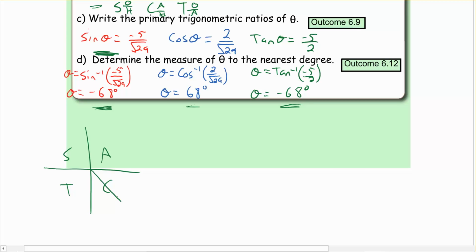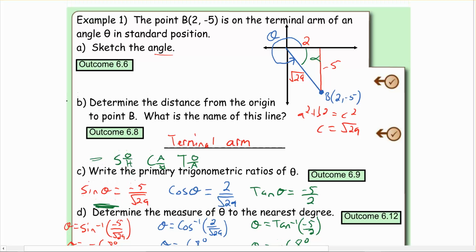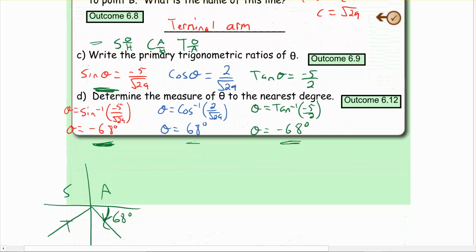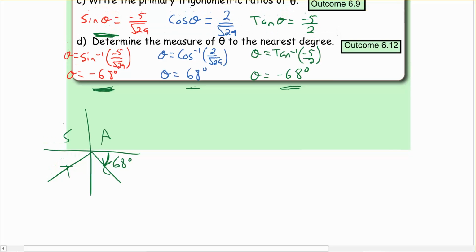Sine was negative in this one and this one, right? It was positive in the tops. So it was negative in that one. So when it says -68, the negative all that means is that instead of going counterclockwise like you normally do, you're going clockwise. The negative just means you rotate the opposite way. So this is 68 degrees, which is the angle that we want, right? That is our reference angle. So the negative there just tells us what direction it was rotating.